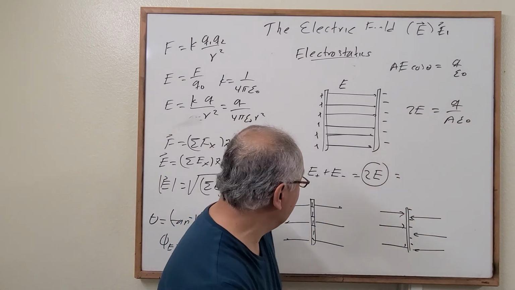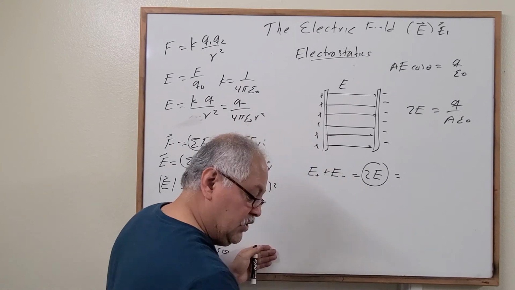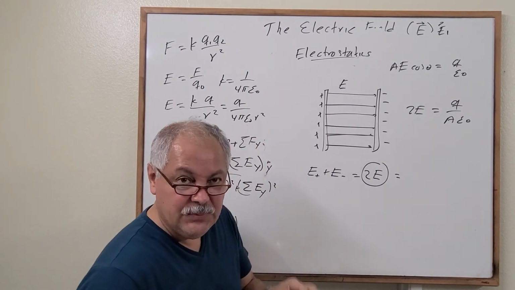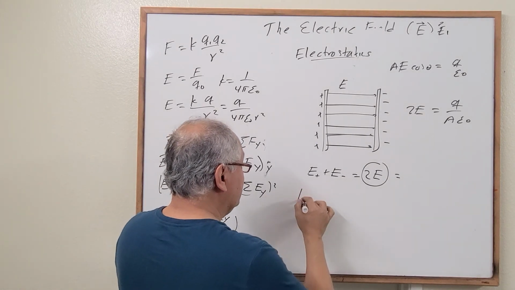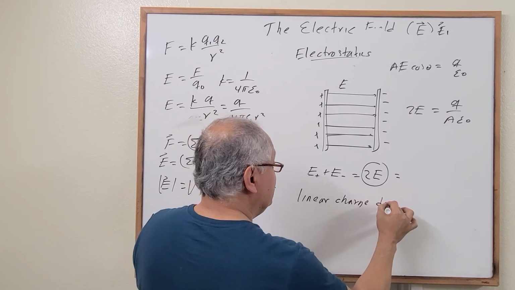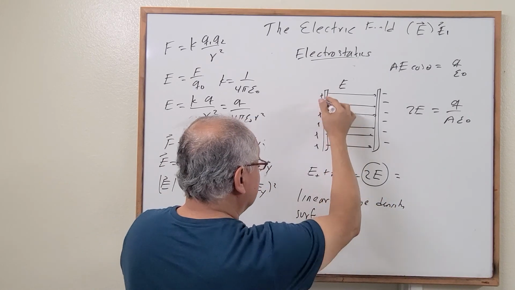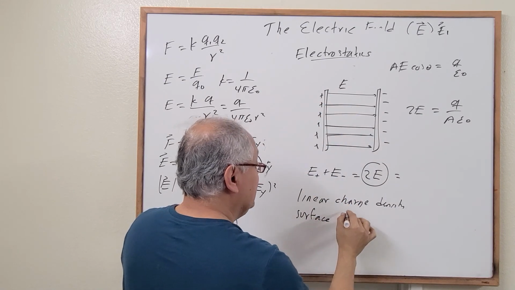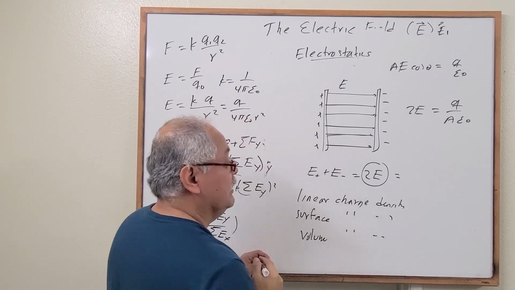For charges we have three types of charge density: linear charge density, surface charge density for a plate, and volume charge density.